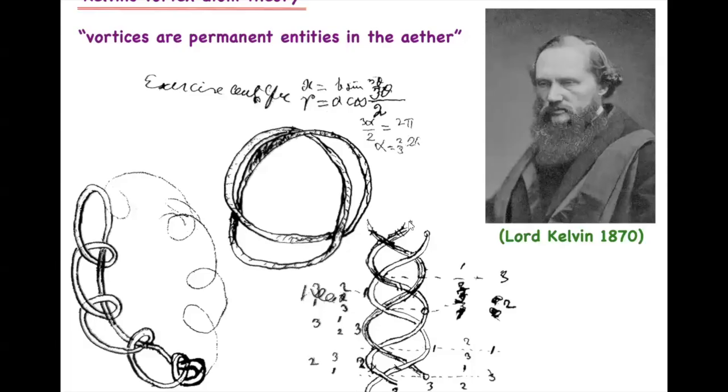Strings of these vortices could be thought of as particles in microphysics, embedded in an ideal fluid, no reconnection, no change of topology, but the topological types of knotted vortices could justify the quantization of the energy that was already known from spectral experiments from chemists at the time. So that was the idea.